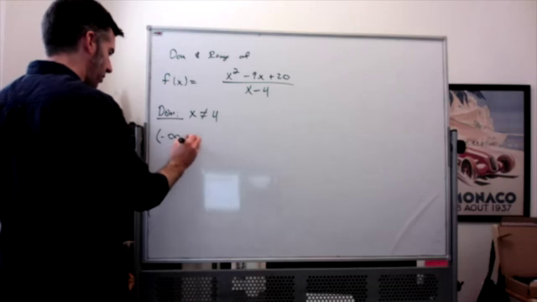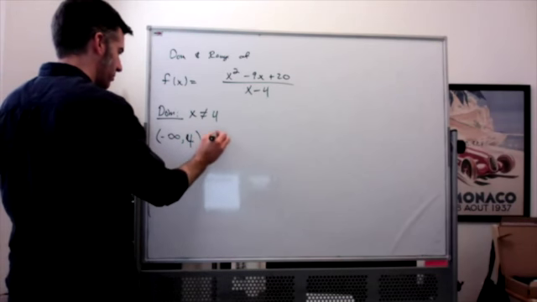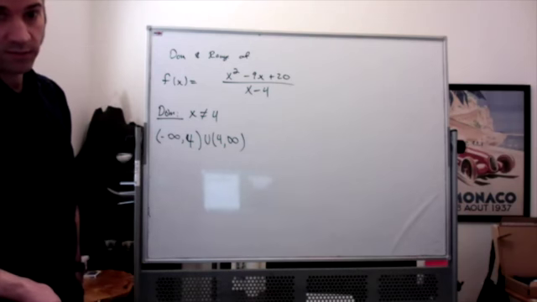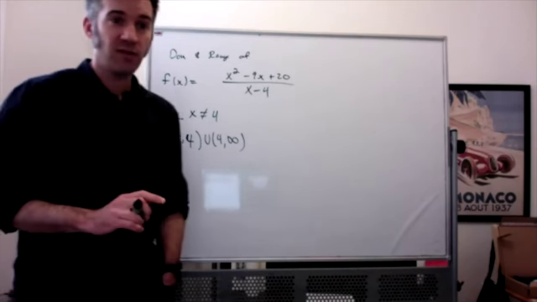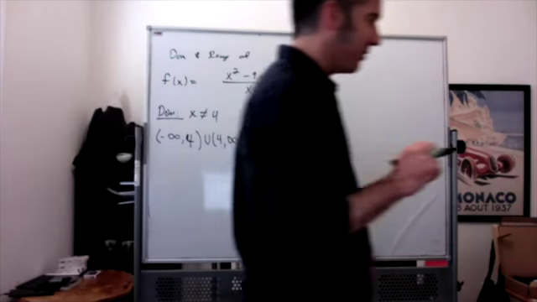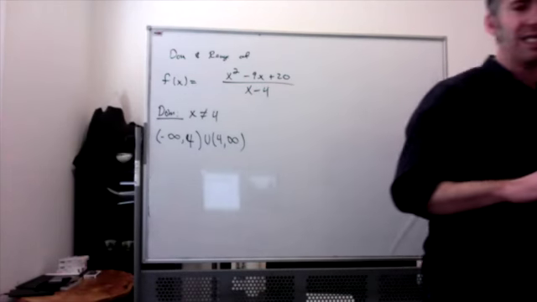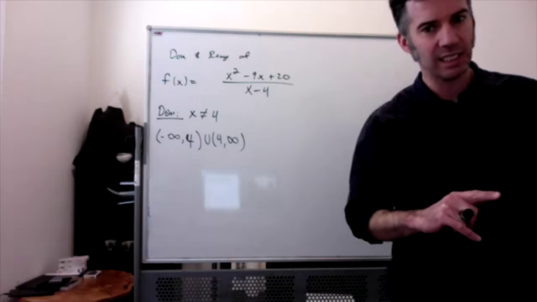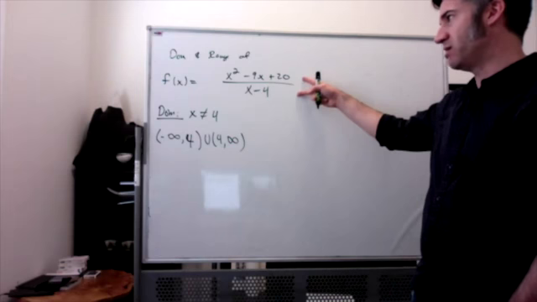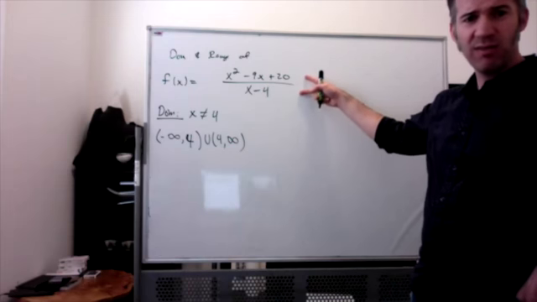There it is right there, 4. So the domain is everything but 4. The problem with this function is you can't find the range in the way that you might think you could. This function doesn't invert so nicely. I mean, it is invertible, but as written, that would be really hard to figure out.